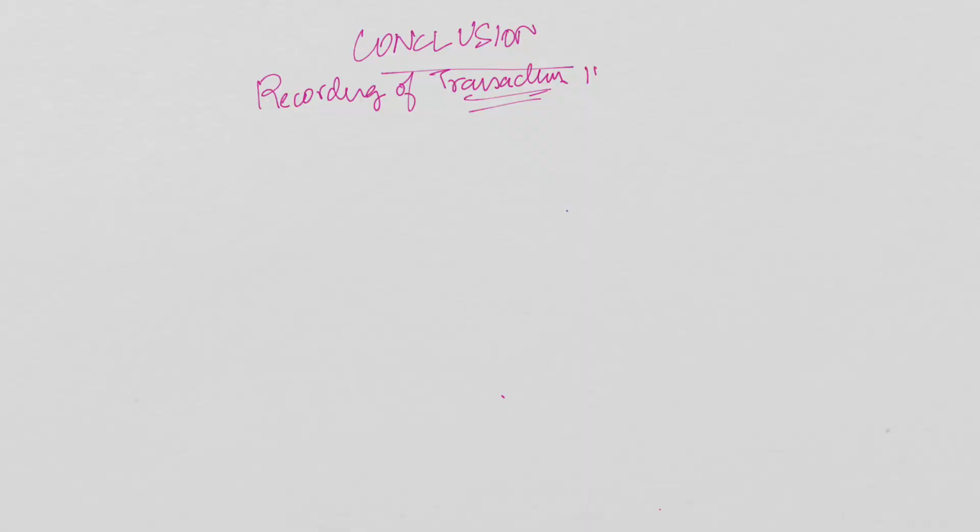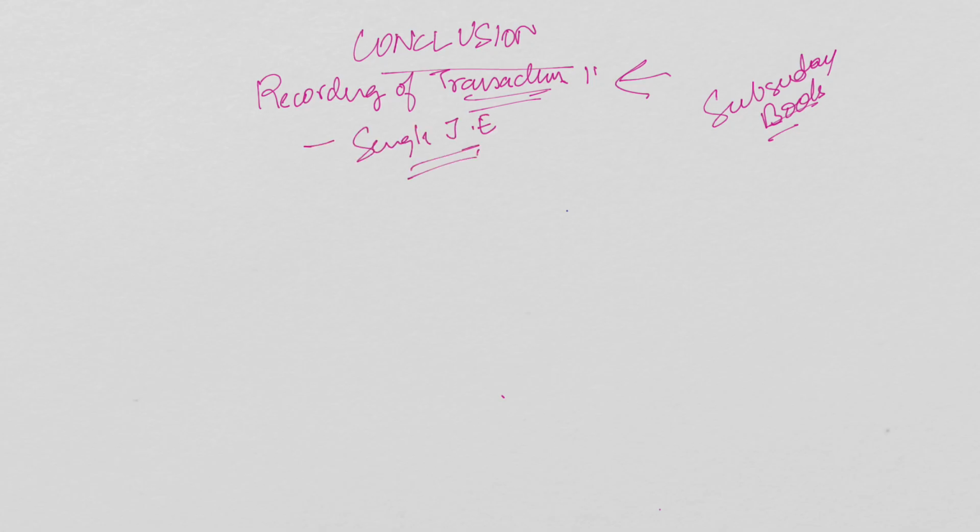As we come to the end of this chapter, let us quickly reflect on everything we have learned. Okay, so this chapter on recording of transactions 2 has taken us from basic journal recording to a more practical and organized system of accounting through subsidiary books. We began by understanding why a single journal becomes insufficient when business transactions increase.